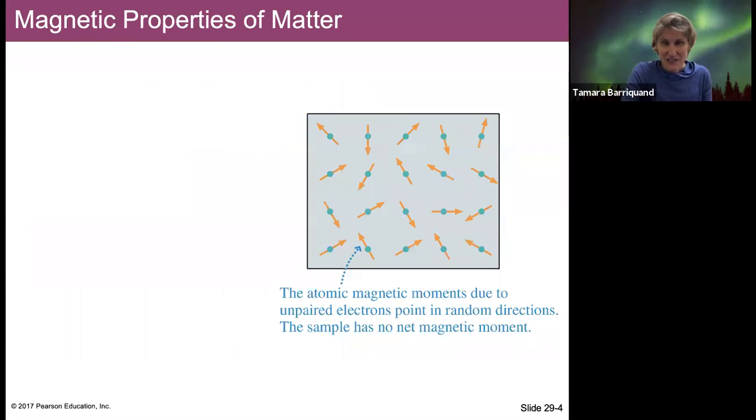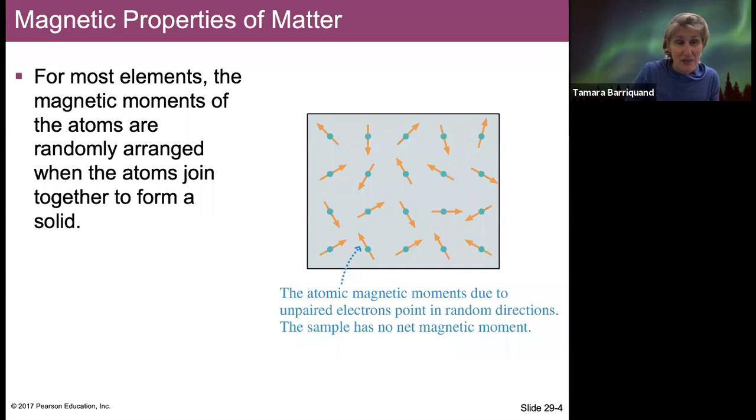Here, let's look at an image where we have a full piece of matter with lots of electrons within it, and each of those electrons has its own electron spin. You see that when you have a typical element, these electrons are all pointing in different directions.